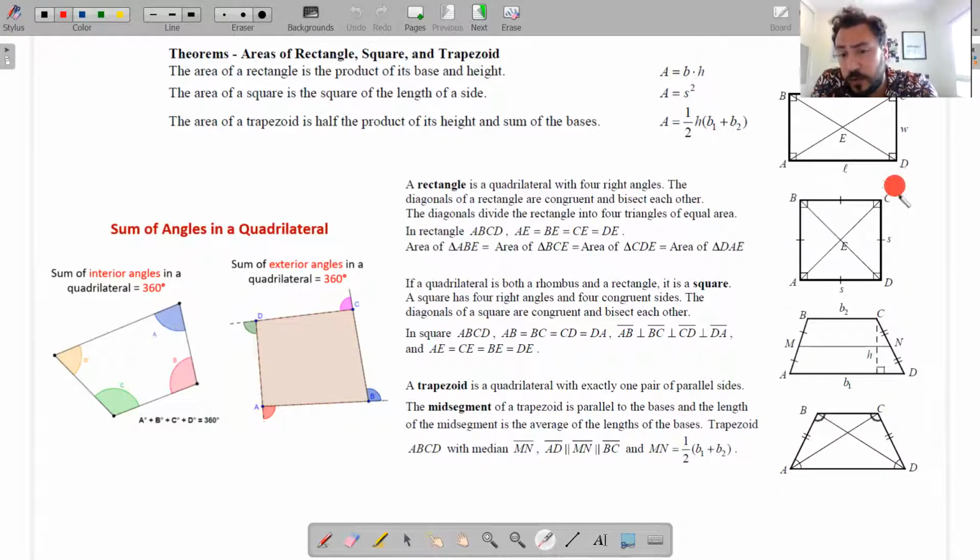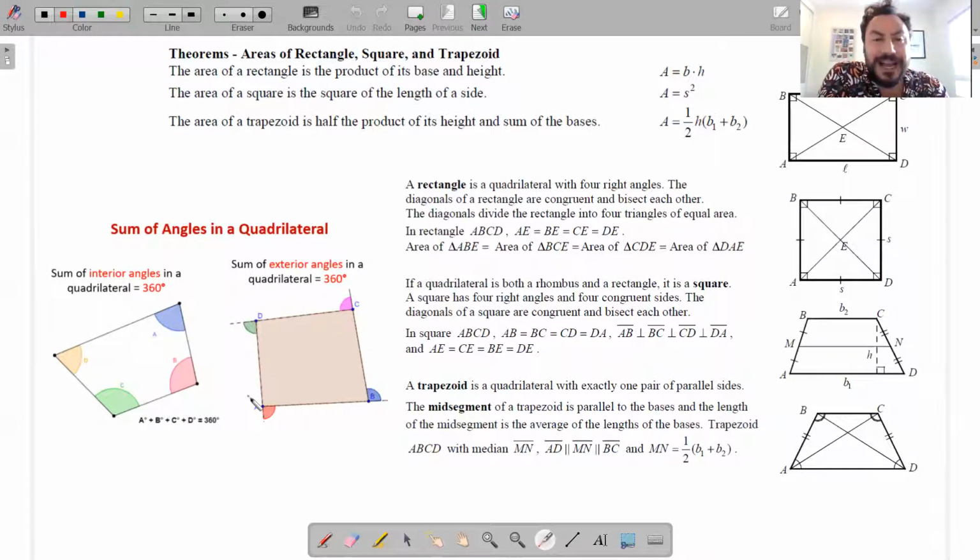In a square, base and height will be the same, so the area will be just side by side, or side to the power of 2. Important things for any type of quadrilateral: the internal angles will always sum to 360, and also exterior angles should sum up to 360. That's it about quadrilateral area.